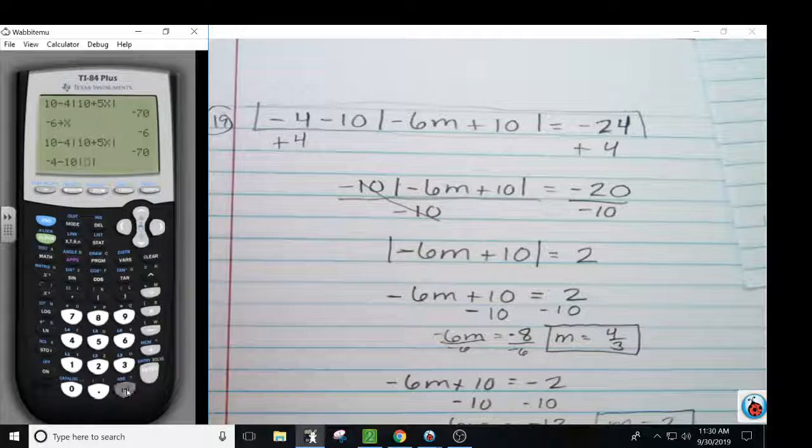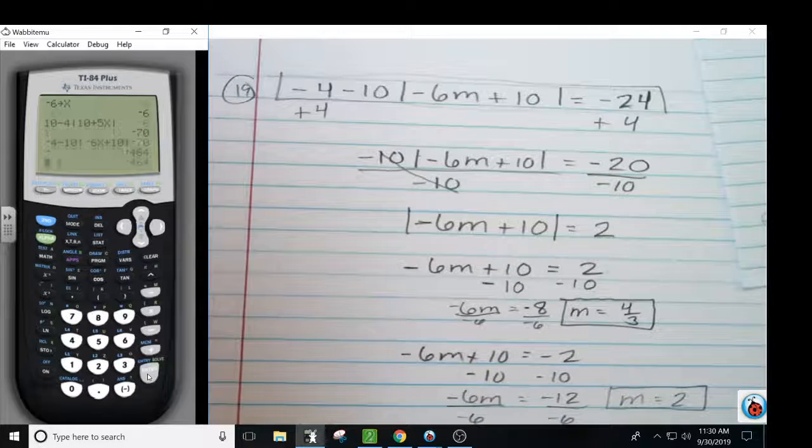And the new operating system makes it a whole lot easier. Now we don't have an M, we've got an X. I haven't stored my X value yet, so I'm just going to hit enter. Now this is not our answer. So let me show what we're going to do.